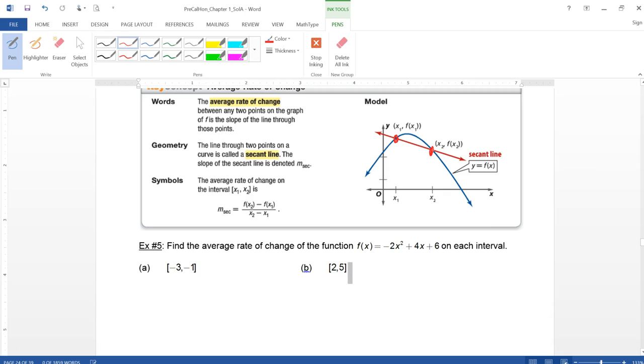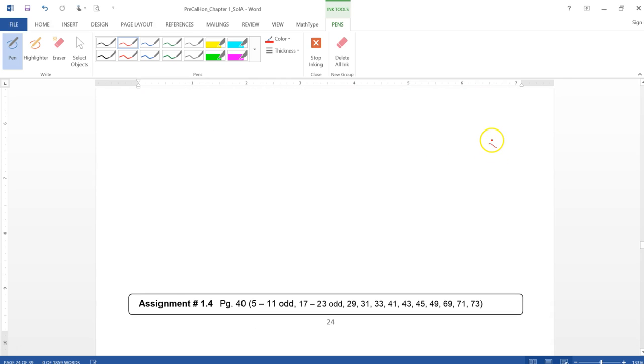So the average rate of change between x1 and x2 is the slope of the line that you draw in between them. Now, if you draw the line connecting the 2 points, it passes the curve at 2 points. This is called a secant line.